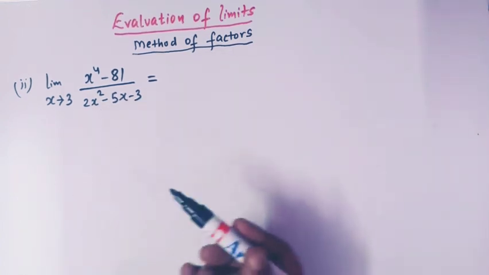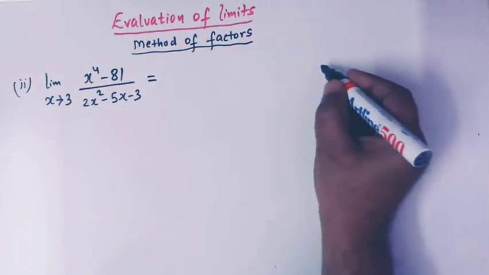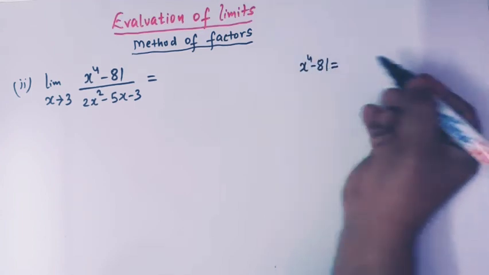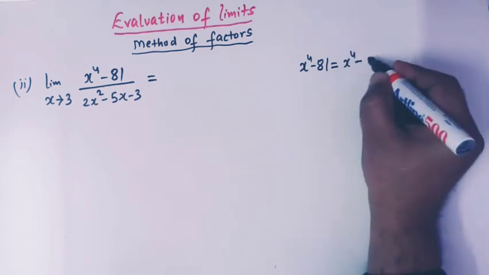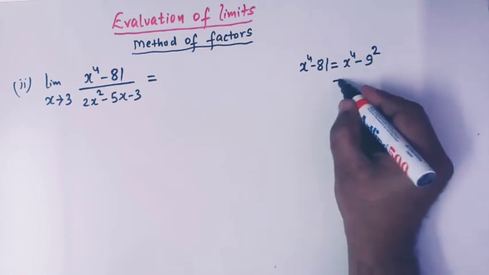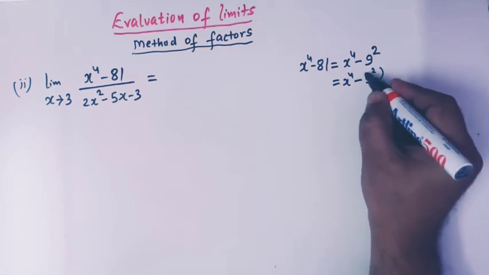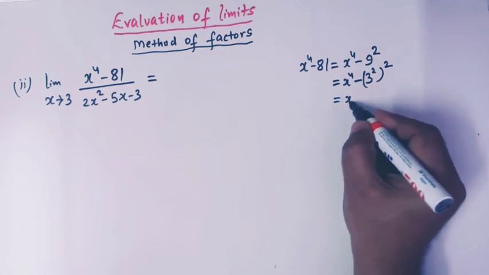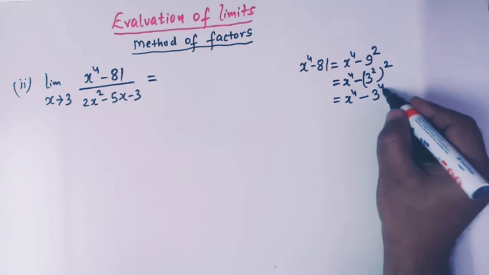So here again we'll make use of the method of factors, and here the numerator, that is x raised to 4 minus 81, can be written as x raised to 4 minus 9 square, and this is x raised to 4 minus 3 square raised to the power 2, and this can be written as x raised to 4 minus 3 raised to 4, right?